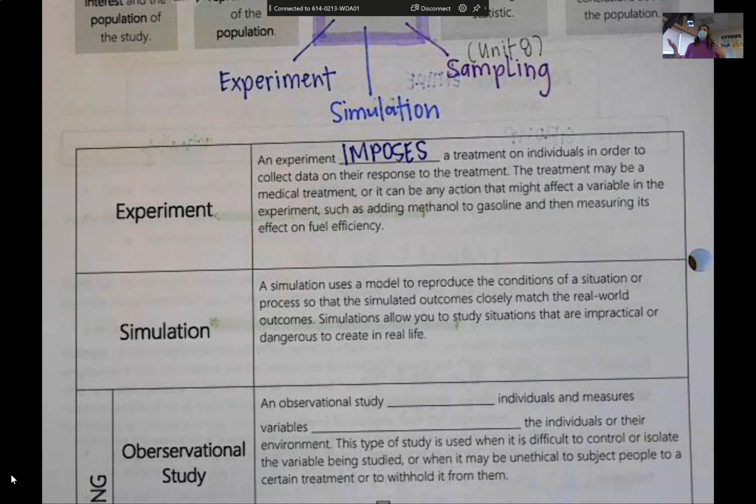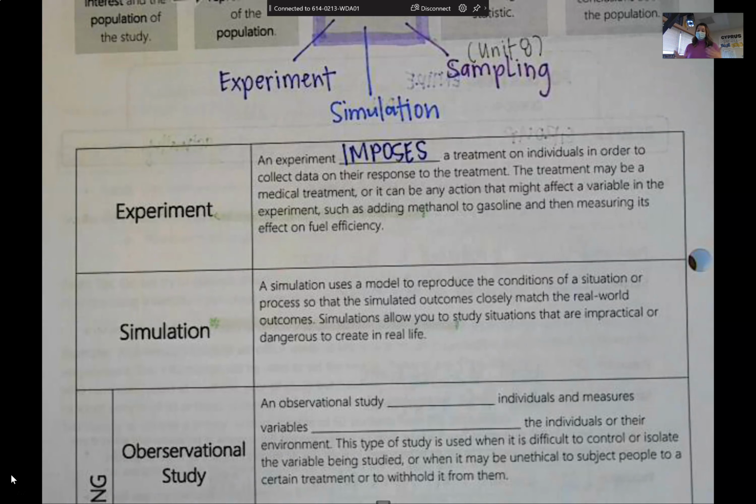So you would fill one tank of gas with methanol, and you would have one tank of gas that was not filled with methanol, and then you would compare the gas mileages. We looked at this with the caffeine withdrawal example. So we made the subjects take a caffeine pill for 2 days and then a placebo pill for 2 days.